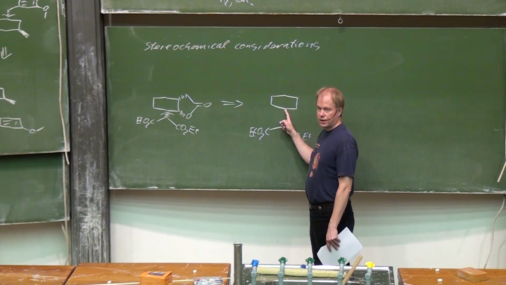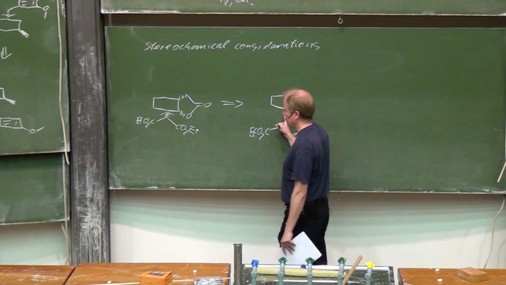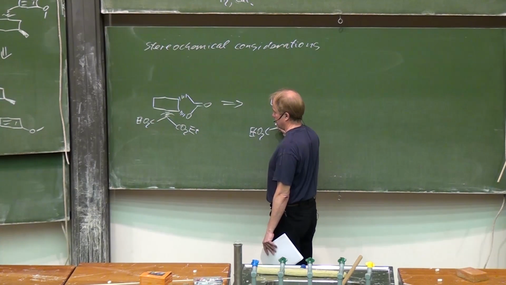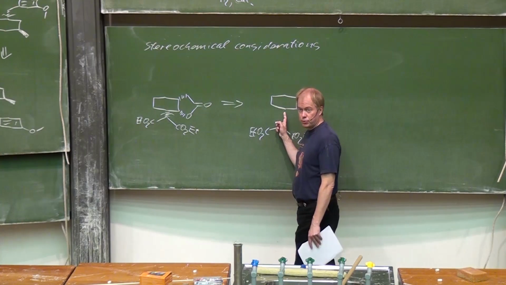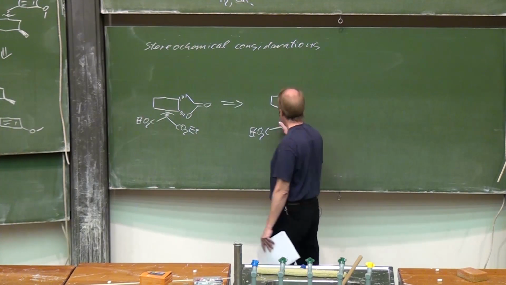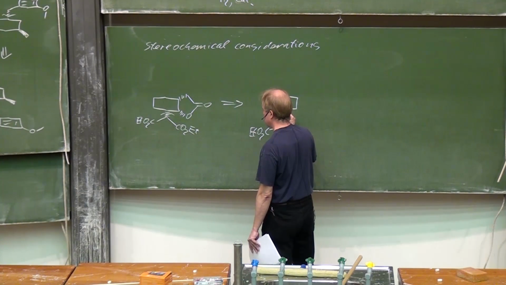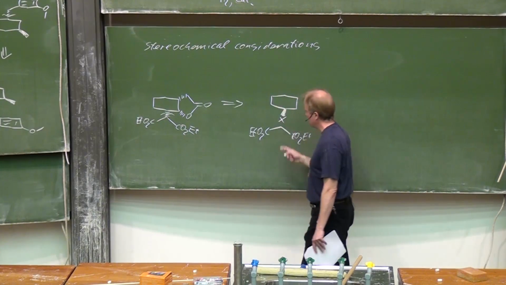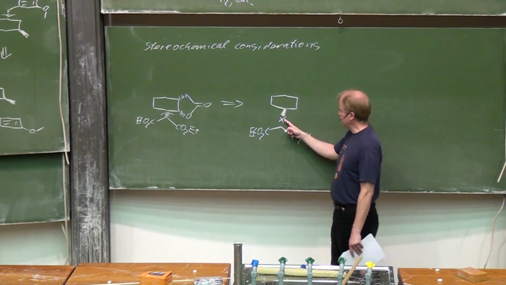We need an electrophilic center here, an SN2 process. That means we need the opposite configuration for that leaving group X here.